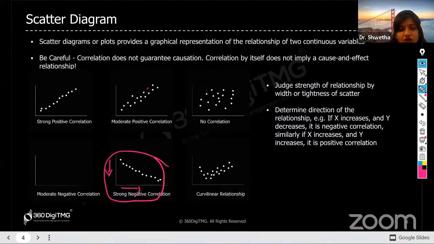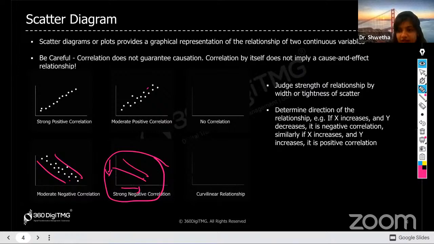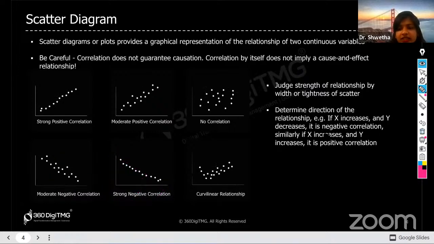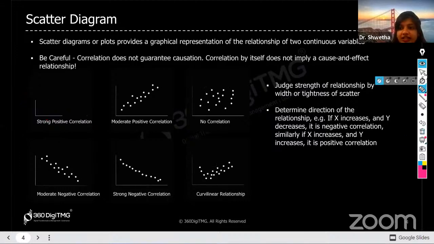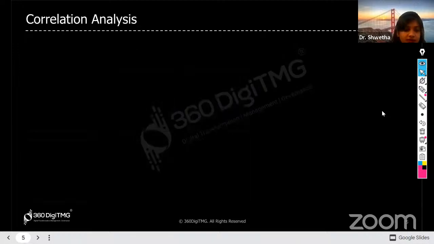Again, if it is strong or moderate, we can tell only by seeing the scatter or the tightness of the scatter. Then, if x is increasing along with y, then it is positive correlation. The strength again can be judged by the tightness or scatter.